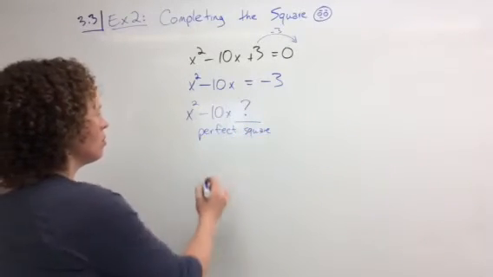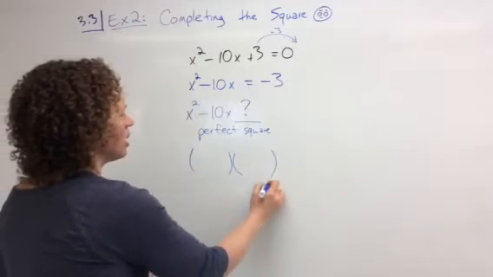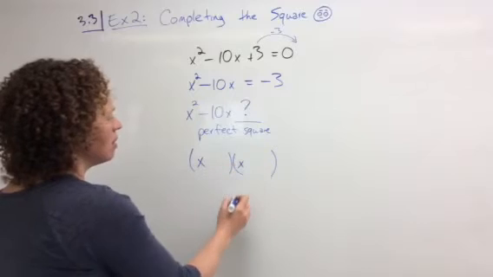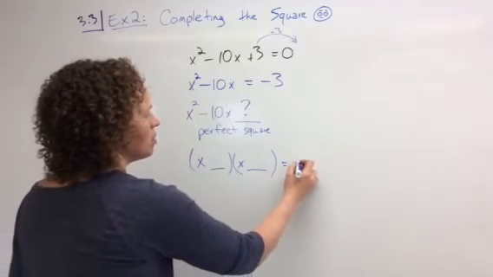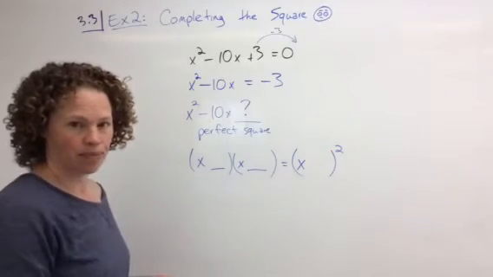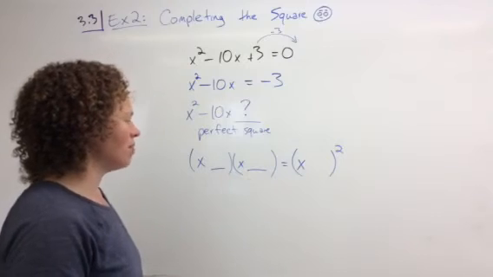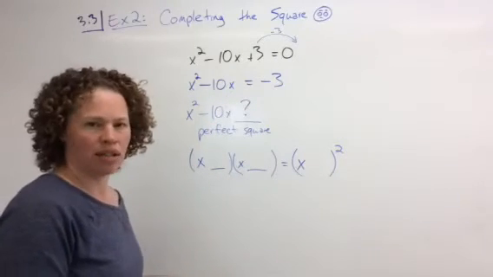So what I want to know is, if I had brackets like this, what would go here to make me be able to write it like that? So this number has to be the same. What we see is that our middle term is negative 10.